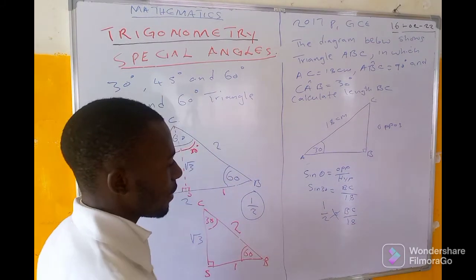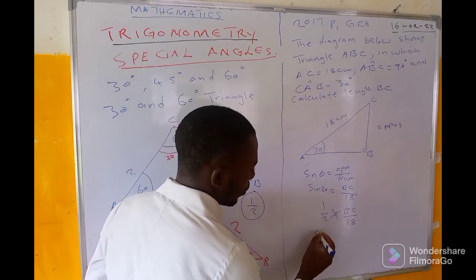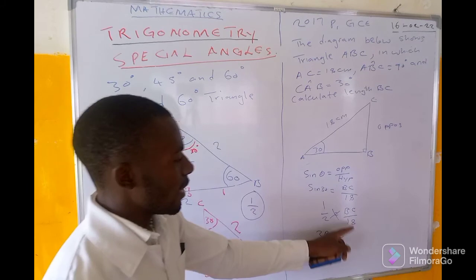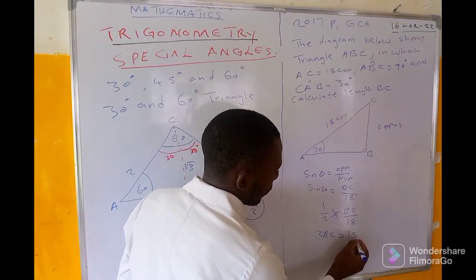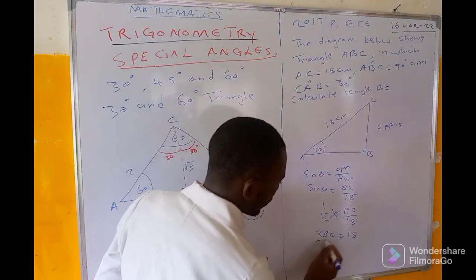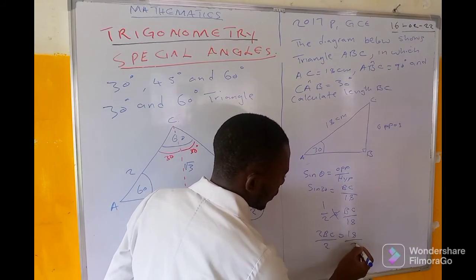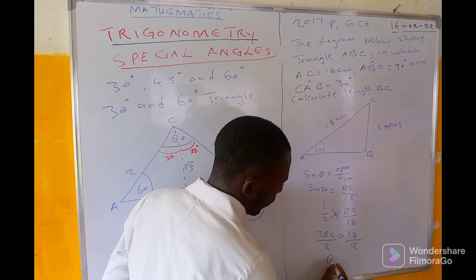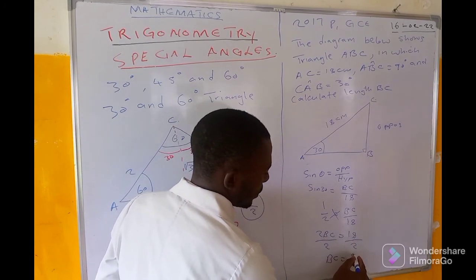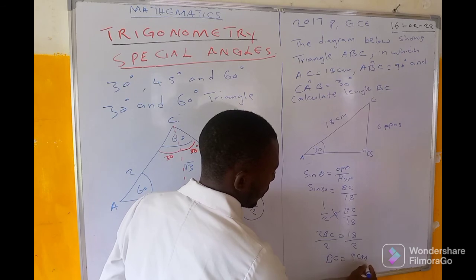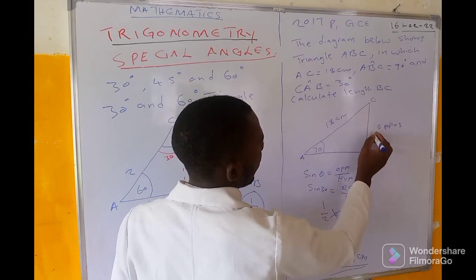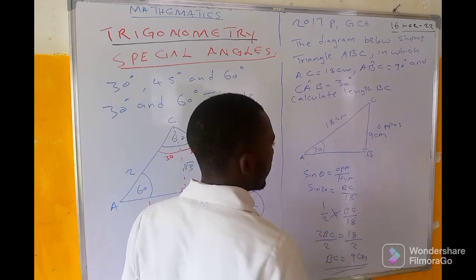You cross multiply. 2 times BC, you are going to have 2 BC is equal to 1 times 18, you are going to have 18. Then from there, you are going to divide both sides by 2. Both sides by 2, you are going to have BC is equal to 18 divided by 2, it is 9 centimeter. So you find that your BC is 9 centimeter.